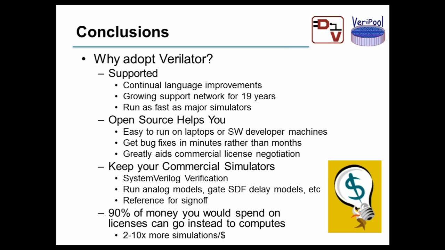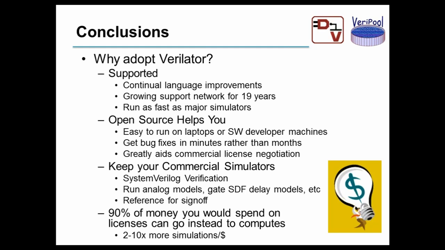If you're a large scale simulation house, you want to keep your commercial simulators. You're still probably going to want a SystemVerilog verification environment, and you need something to run all that analog stuff and do back annotation of SDFs and all those full featured simulation things. And most people also want a reference for sign-off. But one of the big advantages of having an open source simulator is that 90% of your simulations probably don't need all that fancy stuff.